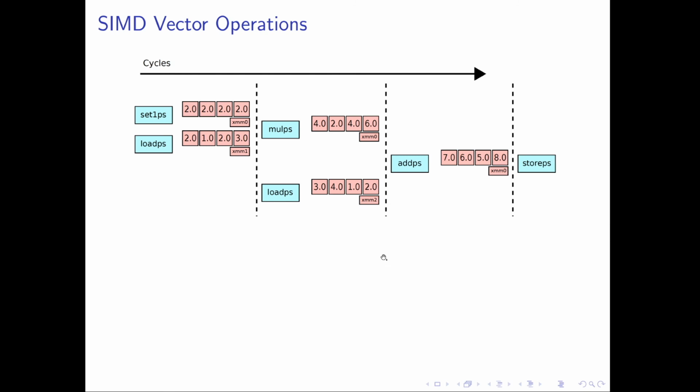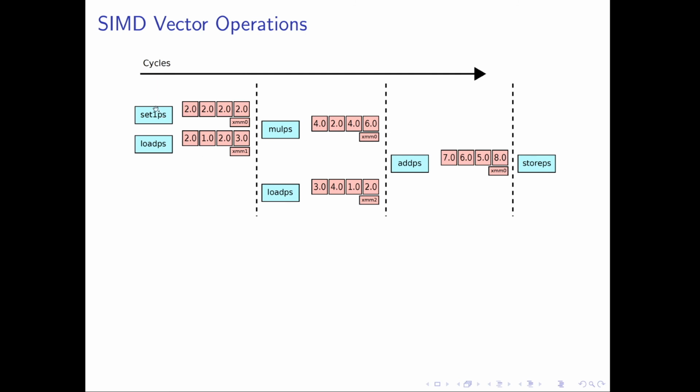Let us have a look at what happens on the instruction level. The example I'm showing here is from the SSE instruction set, the instruction set that was implemented by most Intel and AMD CPUs over the last 20 years.